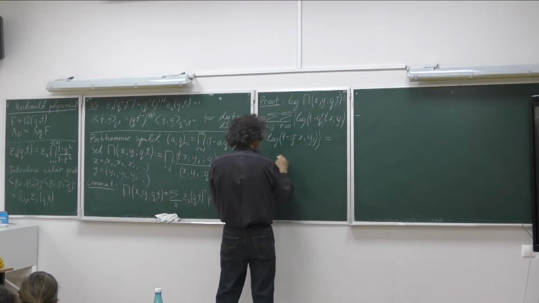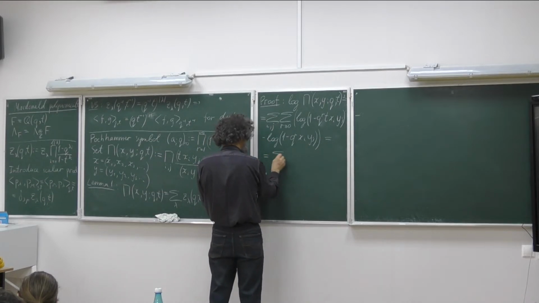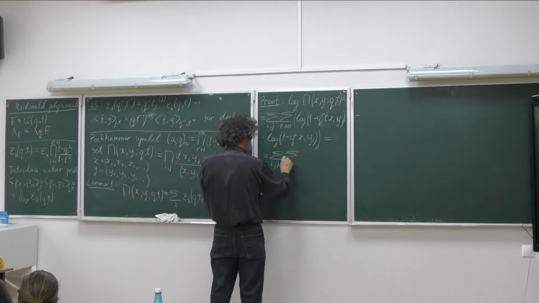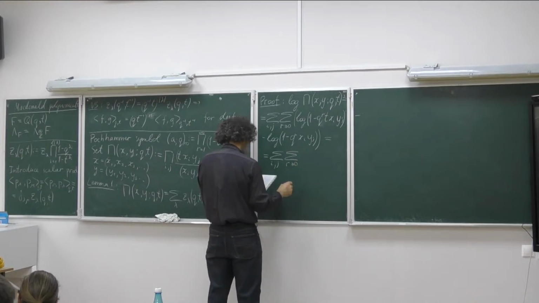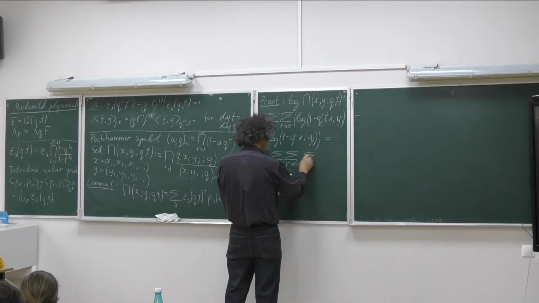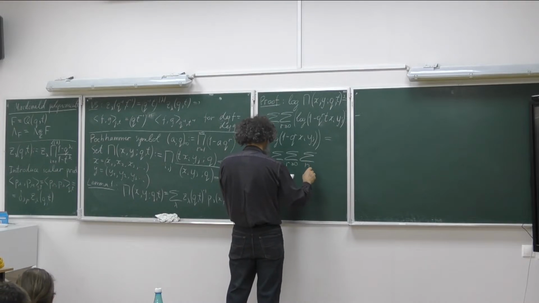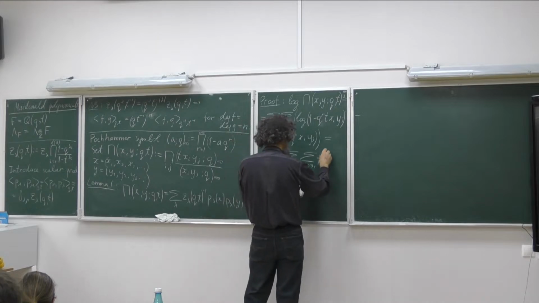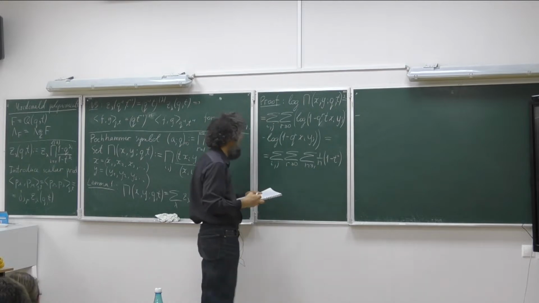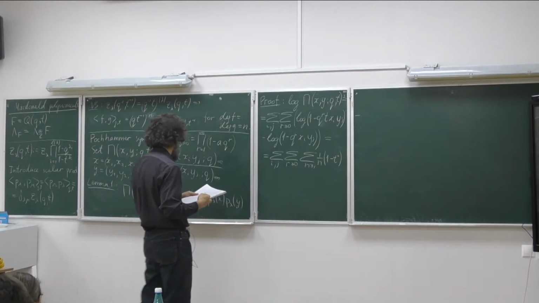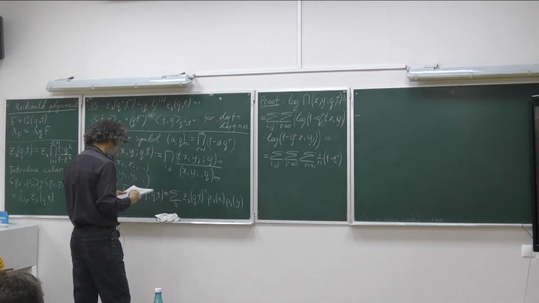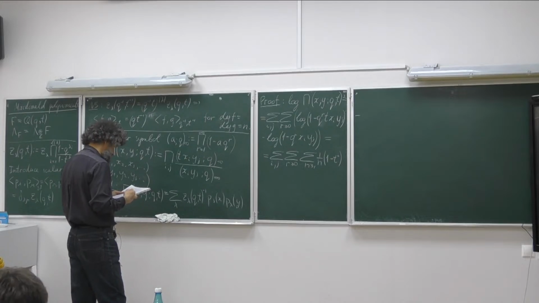Right. This is the sum over i, j, over r, over n, of 1 over n, 1 minus t to the n.